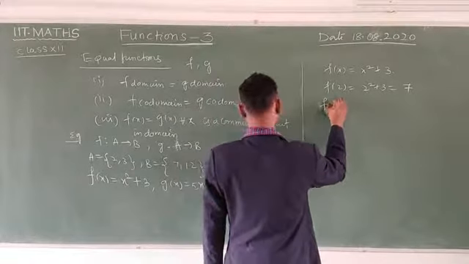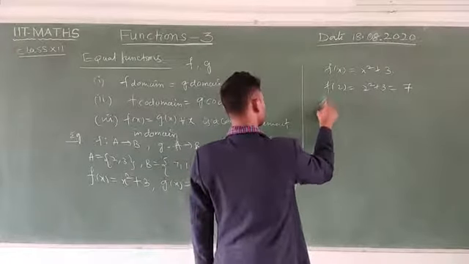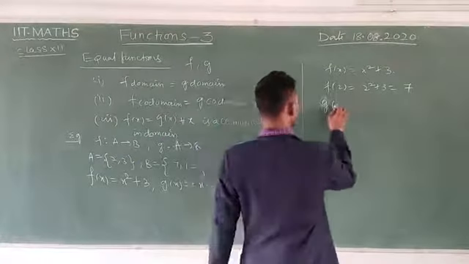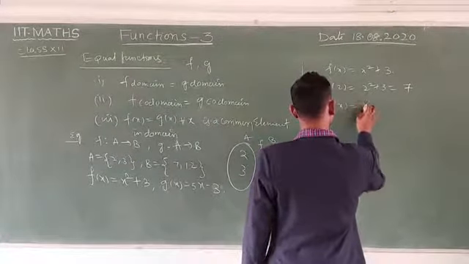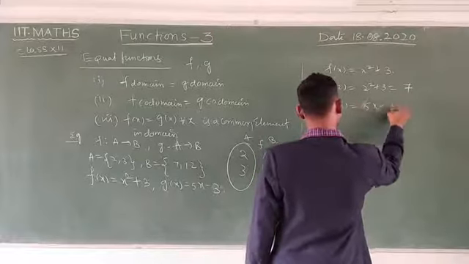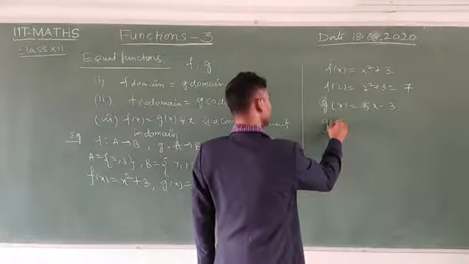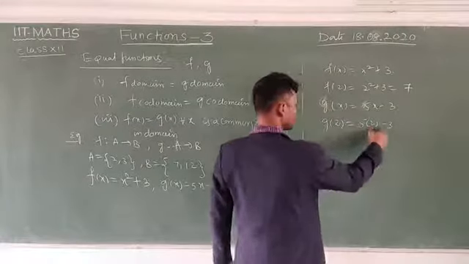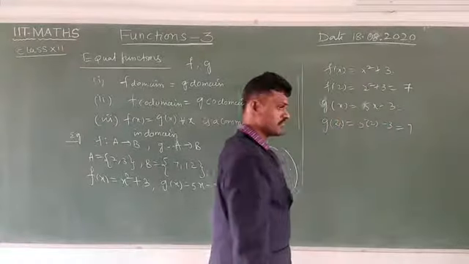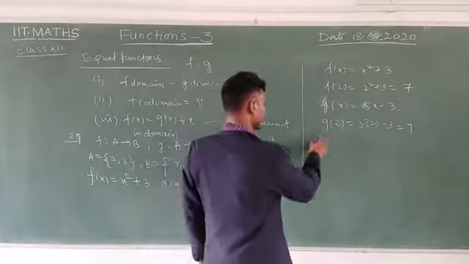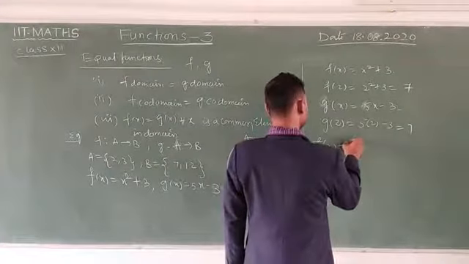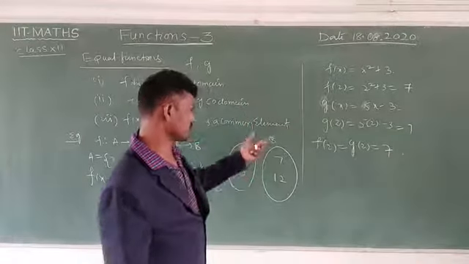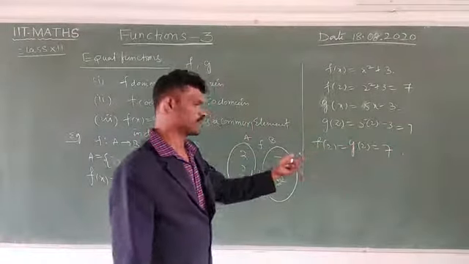Next, g of 2: g of x is equal to 5x minus 3, so g of 2 is 5 into 2 minus 3. 5 twos are 10, 10 minus 3 is 7. One element is equal: f of 2 is equal to g of 2, which is 7. Their domains and codomains are equal.